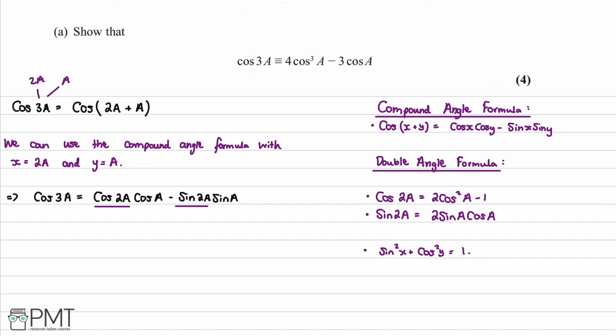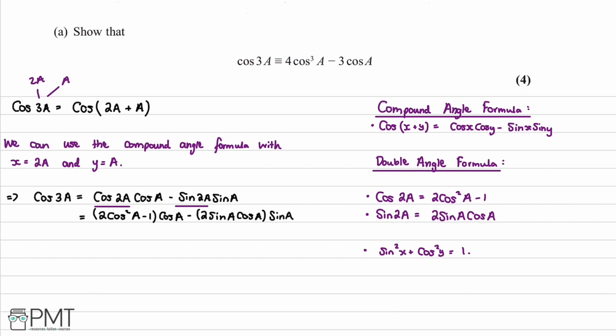We'll carry down our equals here, and then we have that cos 3a is going to be equal to 2 cos squared a minus 1, then we multiply all of that by cos a, and then we're going to subtract 2 sine a cos a, and we multiply that by our sine a here.